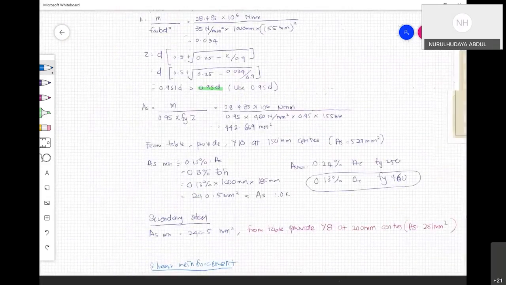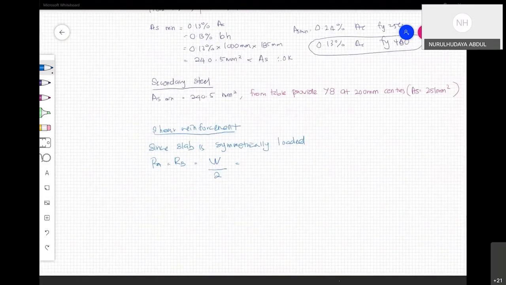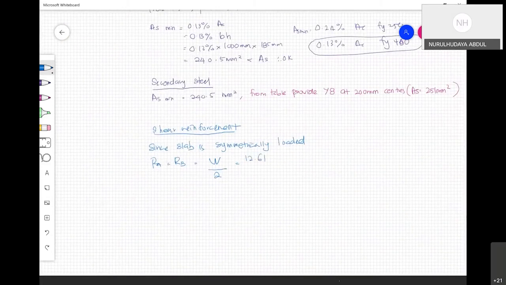Okay. So 12.616 kilonewton per meter sebab dia tak darab lagi dengan length dia. Length je yang kita belum darab lagi. Jadi kita kena darab dengan length. Okay, and then bagi dengan 2. I dapat 26.809.